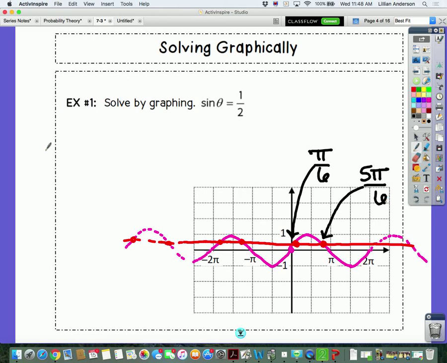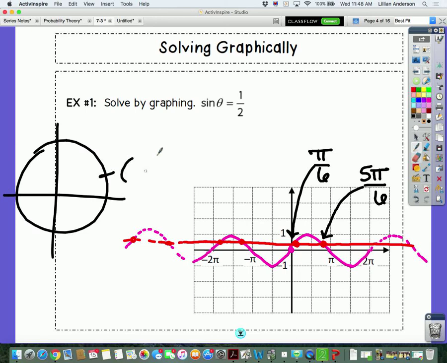Because remember, in your unit circle, every ordered pair that you have, the x value is the cosine, the y value is the sine. Okay? So those would have been your two solutions if we were restricted from 0 to 2 pi. Since we don't have a restriction here, we need to list all of them. So, it hits here, it hits here.